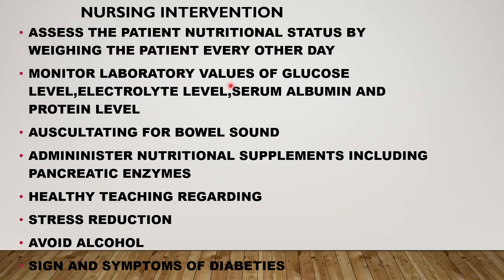Monitor laboratory values: glucose level, electrolyte level, serum albumin and protein level. Auscultate for bowel sounds. Administer nutritional supplements including pancreatic enzymes. Health teaching regarding stress reduction, avoiding alcohol, and signs and symptoms of diabetes.